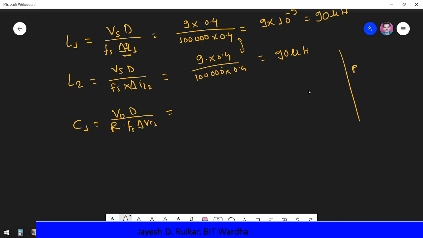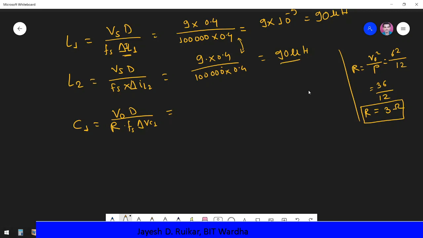Power has been given, so the value of R can be calculated as Vout square divided by power. Vout is 6, so 6 square, and power has been given as 12. So it's 36 divided by 12, which is 3 ohm. So R we got is 3 ohm.